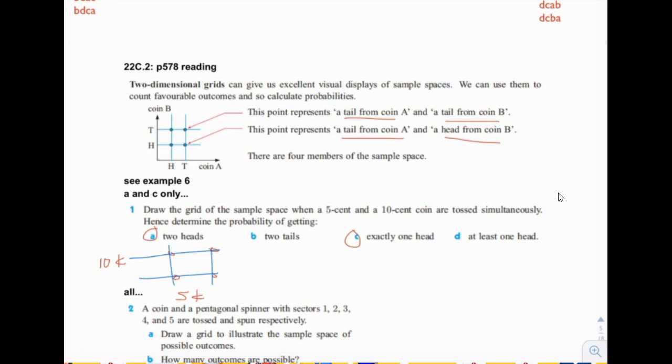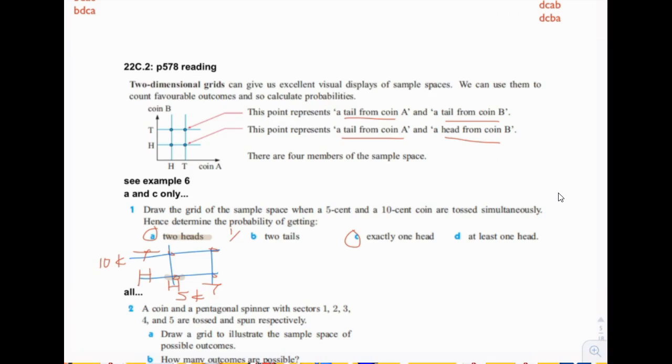The outcomes are 5 cents head, tails, and the 10-cent head, tails also. Okay? So what is the probability of having 2 heads? Let's see. Basically 1 out of 4.